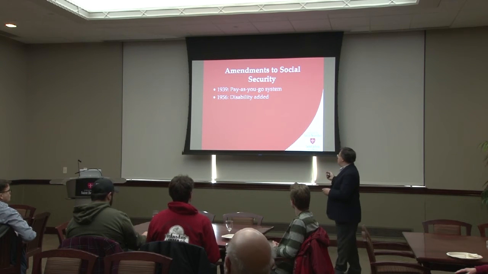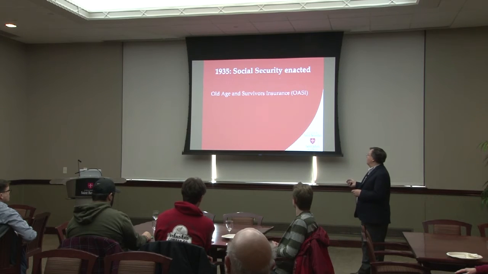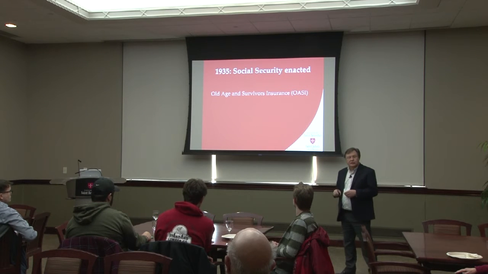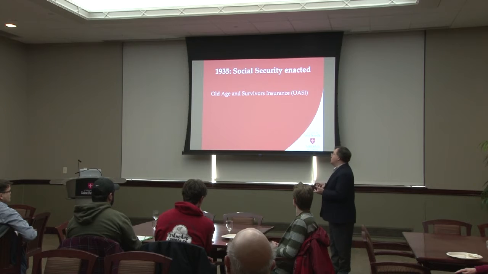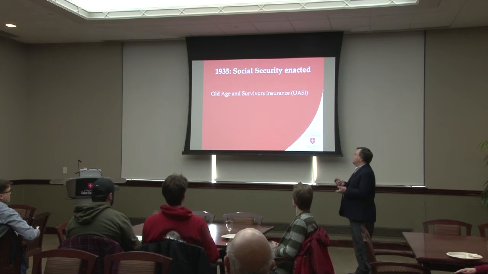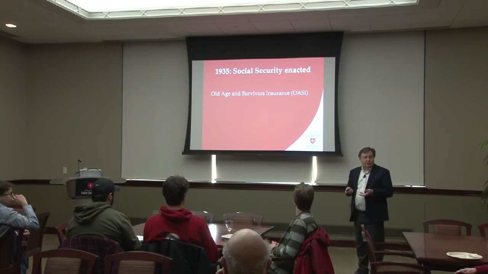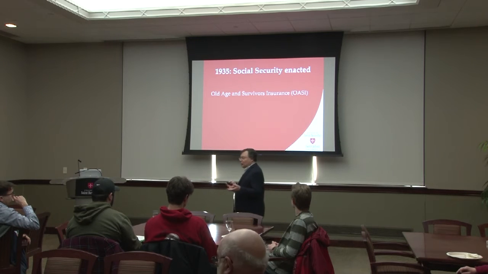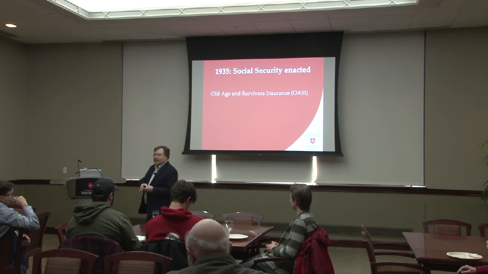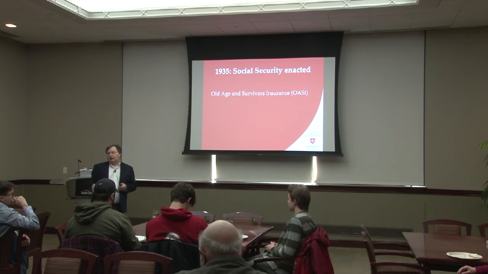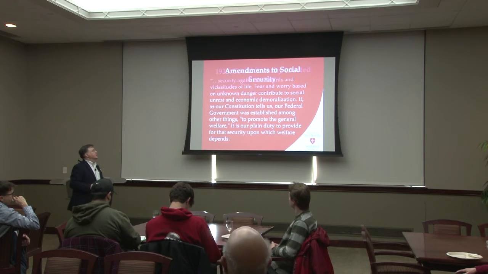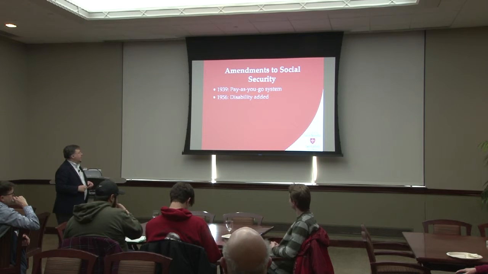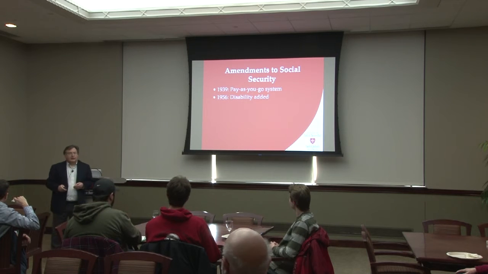Remember, I mentioned it was called Old Age and Survivors Insurance. In 1956, a D was added, so it was Old Age, Disability, and Survivors Insurance. So that's what you see on your paycheck. If you're looking for the Social Security tax, a lot of times they'll just write that on there instead of actually writing Social Security. So that came into being in 1956.